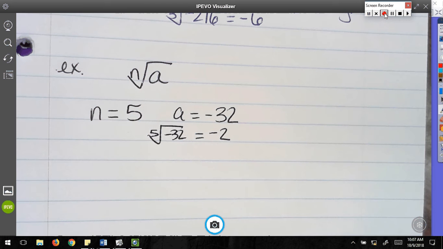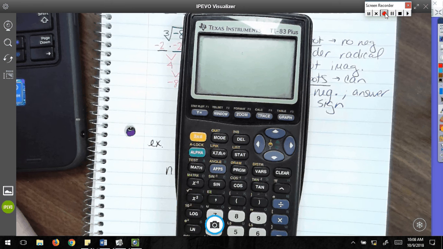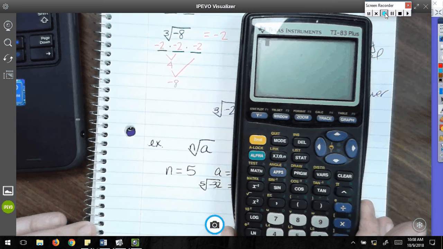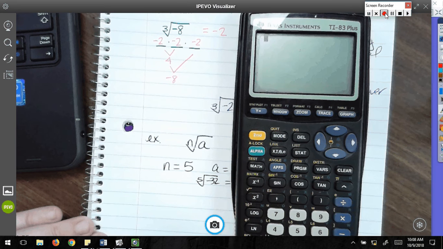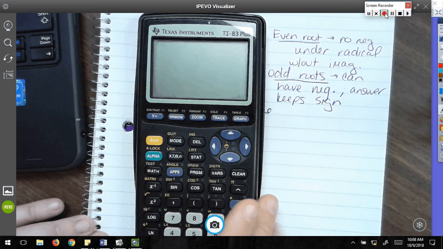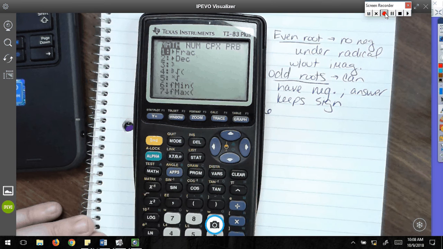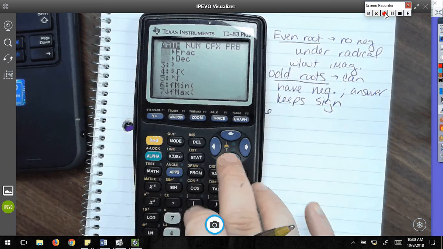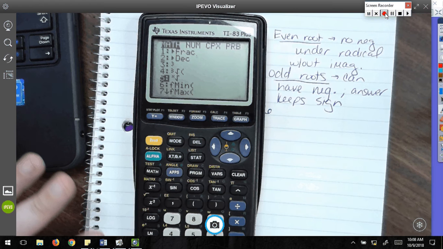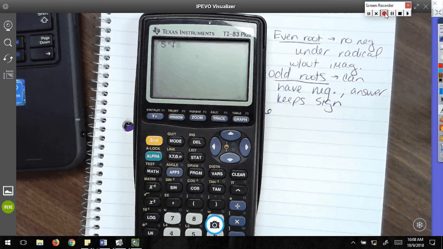Now I do want to take just a second to show you a little shortcut on your calculator. If I've got the fifth root of negative 32, on your calculator, you enter the root first, so I'm going to hit 5, then the math option, and if you see that option number 5 is x root, select that one, and then do negative 32 and enter, and it will give you that value.